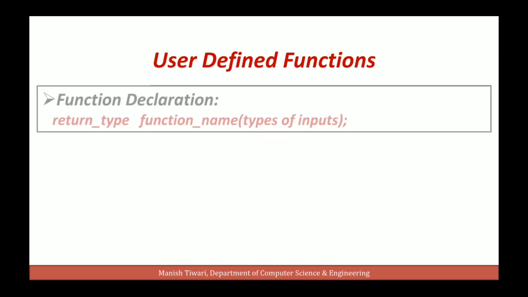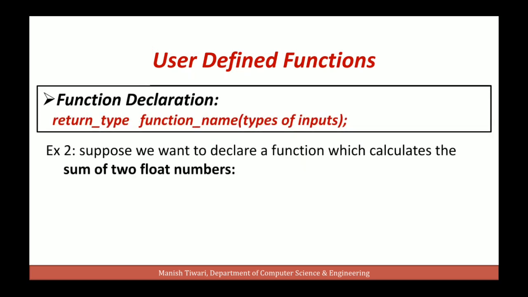Let's take another example. Let's say we want to make a function which calculates the addition of two float numbers. Then of course the input will be two float numbers and the output will also be a float number. So this will be the declaration of that function.